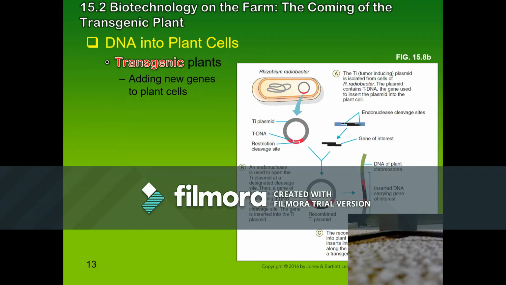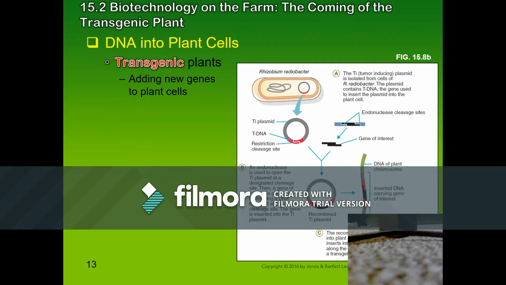This can be a number of different things. We can encode a vitamin to add to the vitamin content of the plants. Sometimes this is done to add another source of nitrogen to make the plants less reliant on nitrogen in the soil.